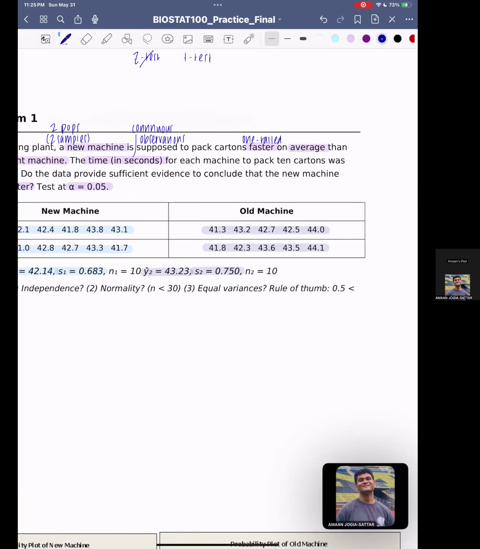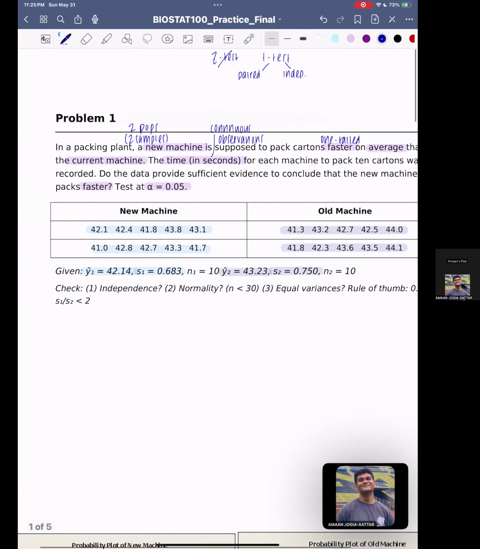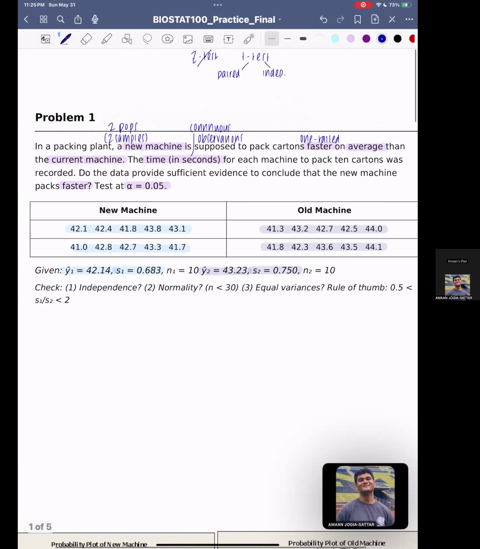Great. Next, we have two different modalities we could be considering. We have a paired sample t-test, or an independent one. I'm just going to shorten that. All right. But when we look at this, let's think about it conceptually. We have two different machines recording their own observations. The new machine's observations, or times that it takes to pack 10 cartons, don't really have any bearing on the old machine's.